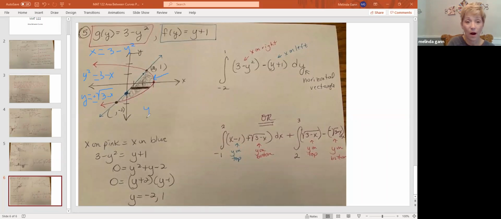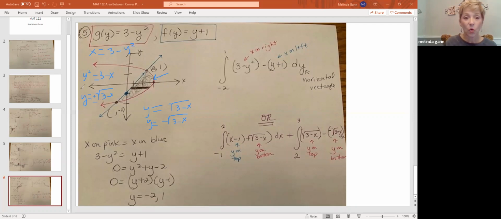You're going to have to graph y is the square root of 3 minus x, and what that's going to do is graph the top half of that parabola. And then separately, you're going to have to graph y equals a negative square root of 3 minus x, and that would graph the bottom half of your parabola. Or you can just make a t-table and do it yourself.